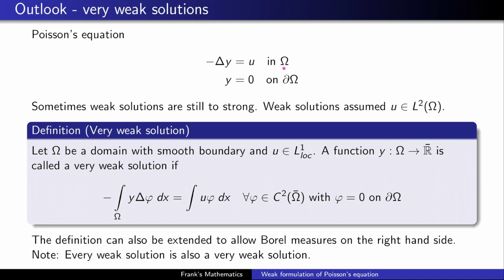You integrate by parts twice, and then you move the second derivatives on our function y to our test function phi. Of course, this comes with some higher restrictions. For instance, we have to choose a different test function space and other restrictions. I don't want to go into details, but I also want to mention that we now have u basically in L1. So we reduce from L2 to L1.